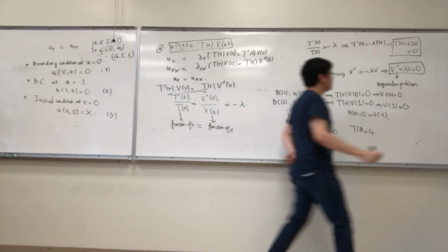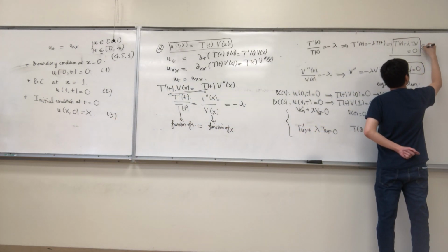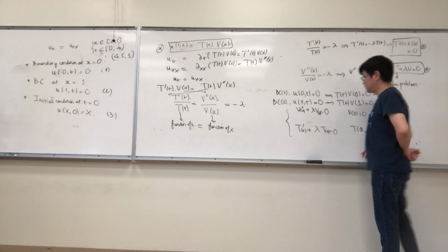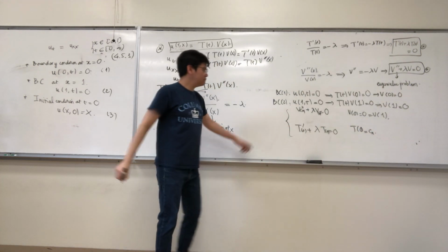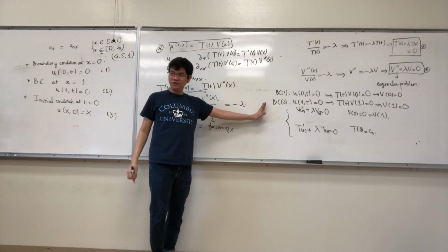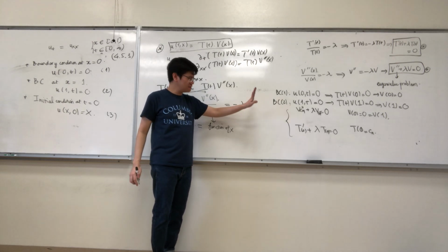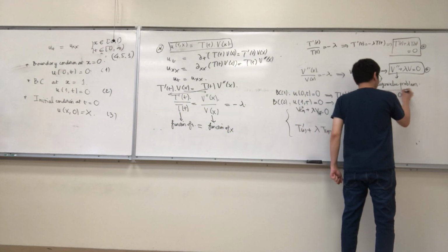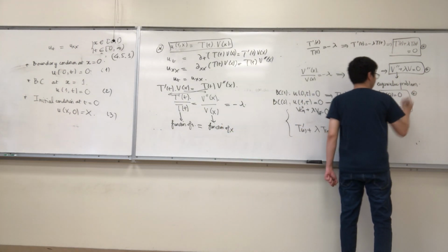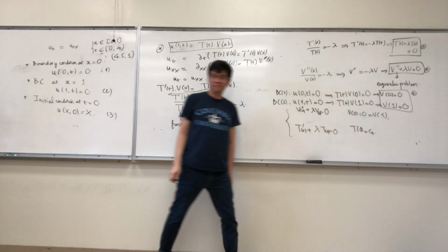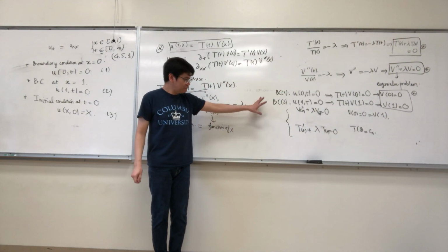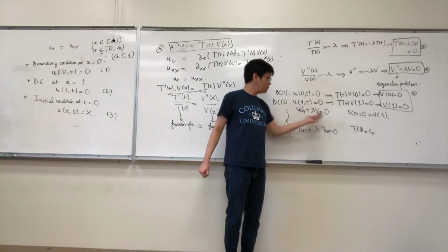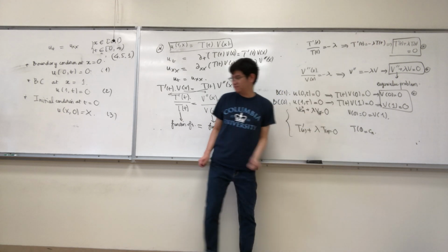Now the next step is to find boundary conditions for v, because you're going to solve the boundary value problem, the eigenvalue problem, and this is why you have to find those boundary conditions, right? Now after you have the boundary conditions, you have to solve this system, right?